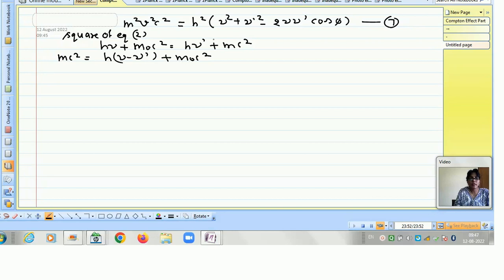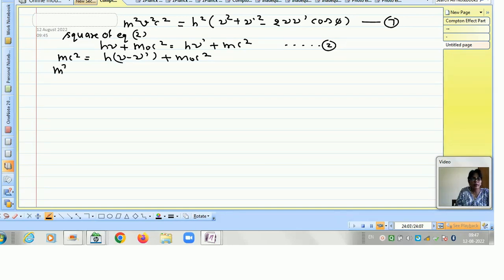So let us first write this equation, this was equation number 2, as mc square is equal to m naught c square plus h nu minus nu dash, and then square this whole equation.